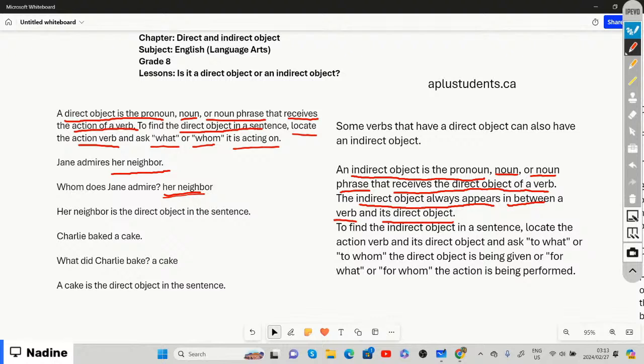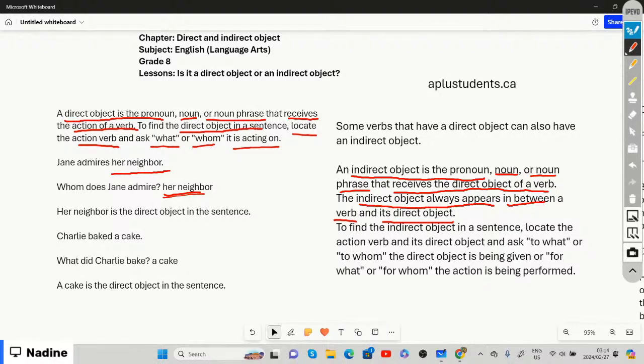And in order for us to locate the indirect object, firstly, if we want to find the direct object, we need to locate the action verb and ask what or whom it's acting on.